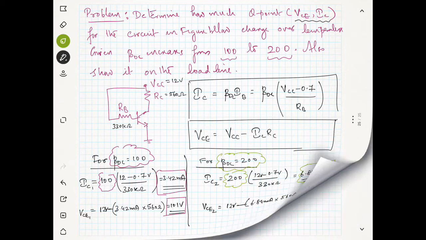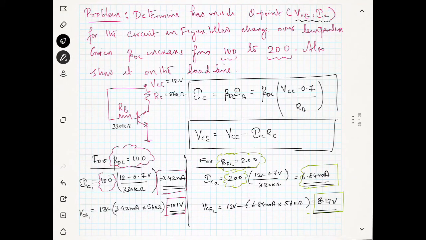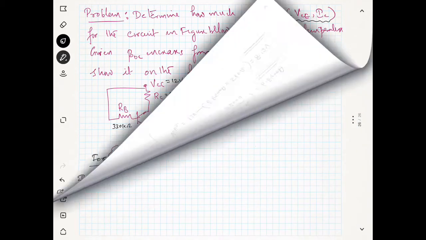Now we will calculate the percentage change in IC. Delta IC in percentage we can calculate like this: IC2 minus IC1 divided by IC1. The new value is 6.84 and the old value is 3.42 milliamps.